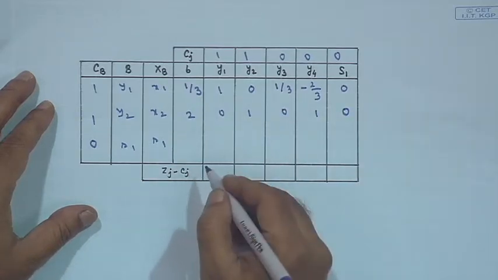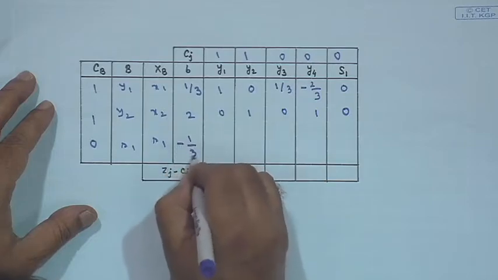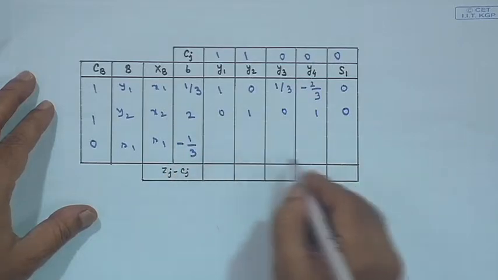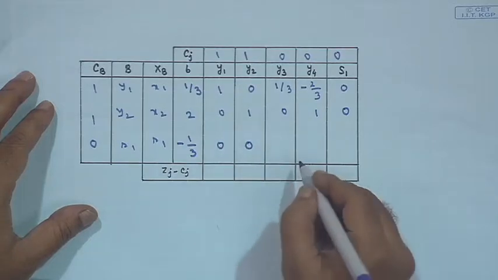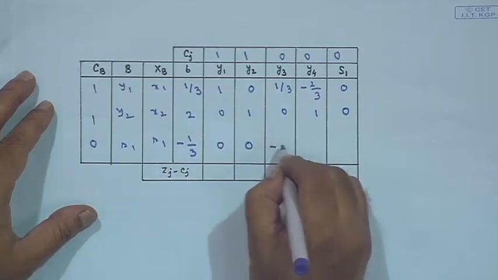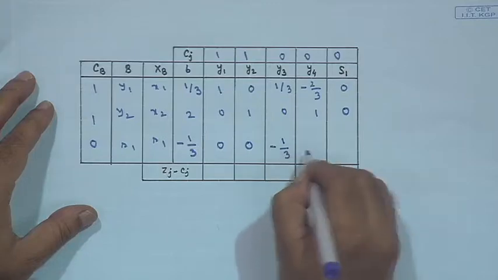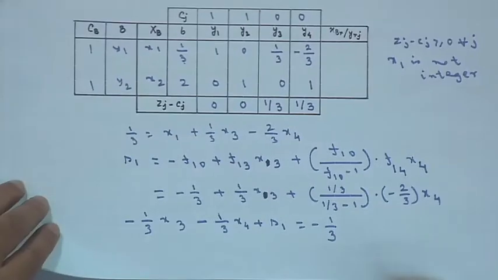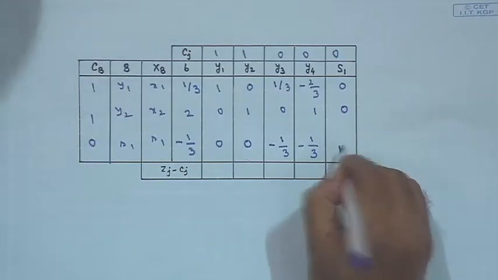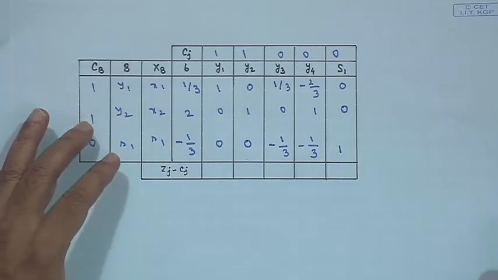The third one b value is minus 1/3, then x 1, x 2 coefficients will be zeros, for x 3 it is minus 1/3, for x 4 it is minus 1/3 and corresponding to S 1 the coefficient is 1.